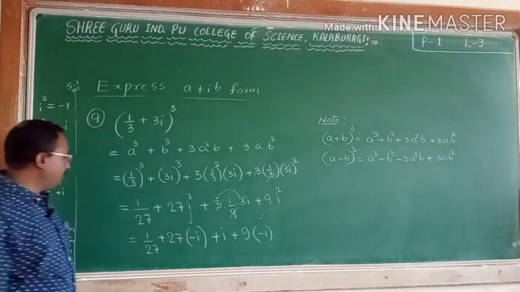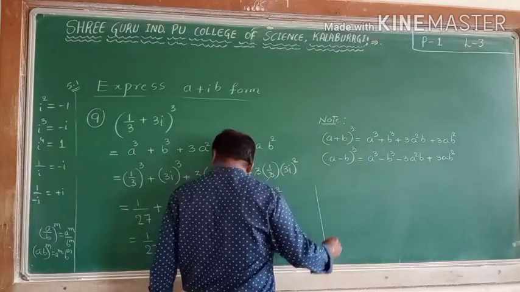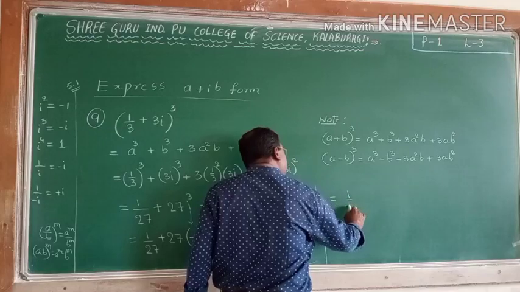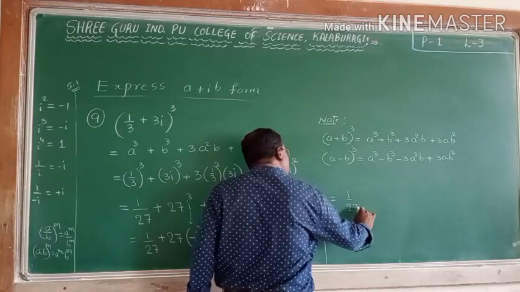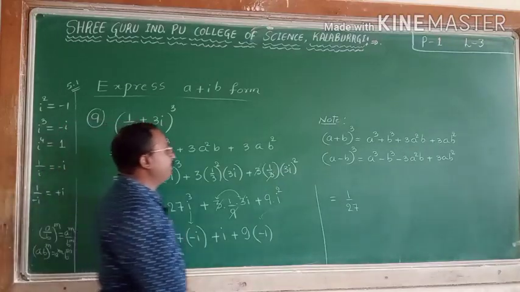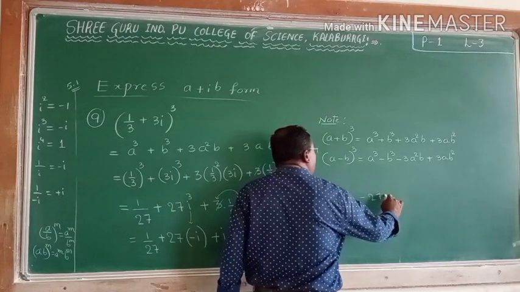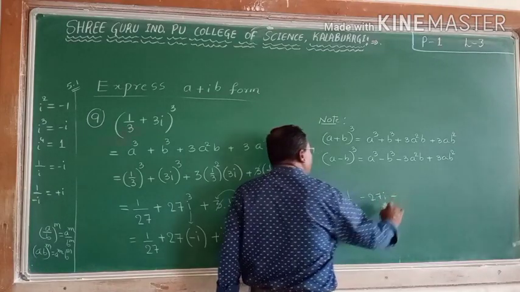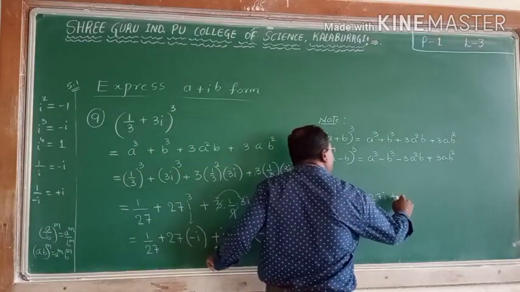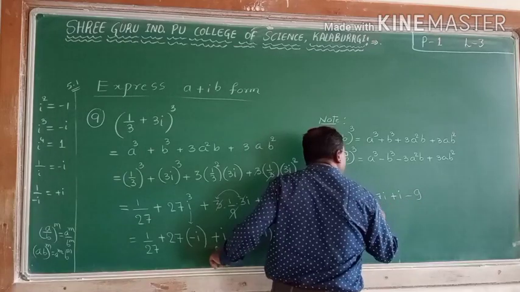Next, it is equal to 1 by 27 plus minus 27i plus i minus 9.